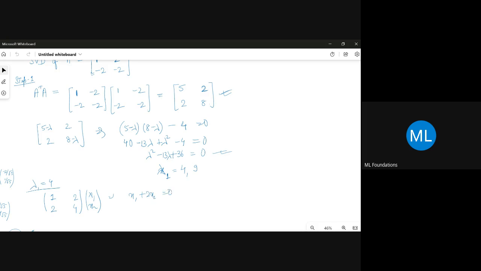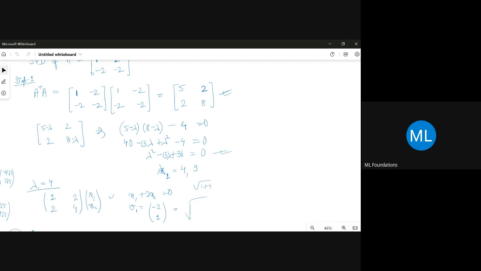So from there you can write your v1: you put x2 to be 1, you get x1 to be minus 2, right? Now you need to make it to norm 1. So what is the square root? It is 1 plus 4, this is root 5.